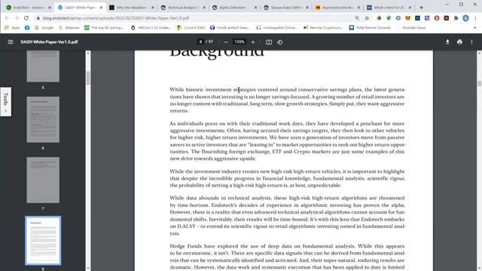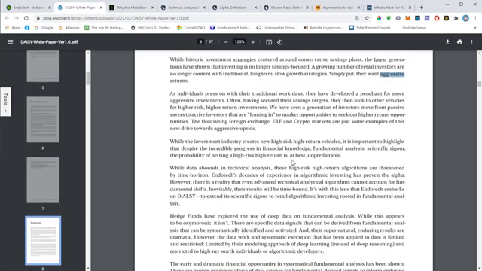Historical investment strategies centered around conservative saving plans, and the latest generation, the young people, are no longer savings focused. There is a growing number of retail investors no longer content with traditional long-term, slow growth strategies. They want aggressive returns.